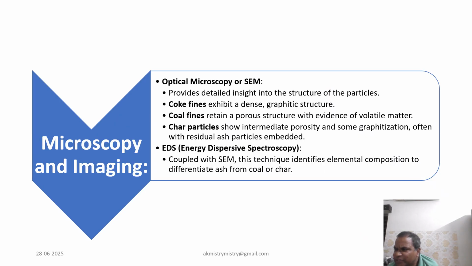It takes us into the world of microscopy. Optical microscopy and AFM reveal particle structure. Coke fines are dense and graphitic. Coal fines are porous with volatile matter. And char is a mix with embedded ash.